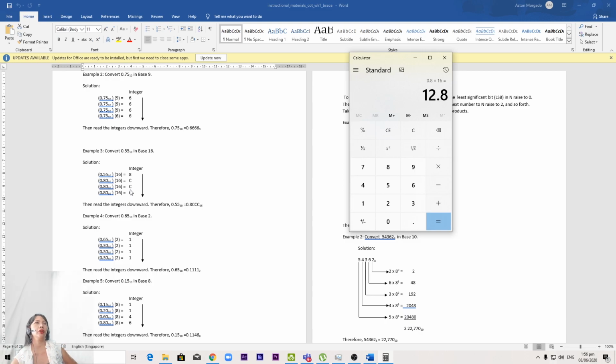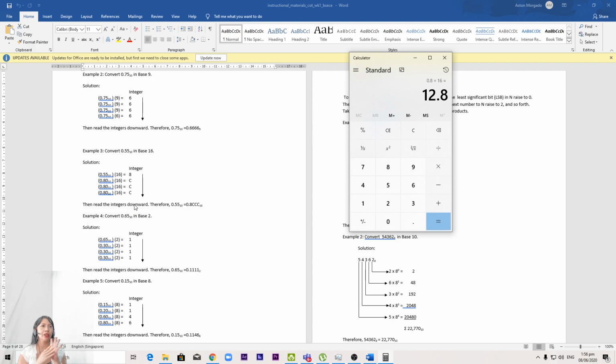Okay, so again, we take note of the fractional part, 0.8 times 16. Again, you'll get the same answer, 12.8. But instead of writing 12, we will write C, C for 12. We could have infinite C here, but I will only require up to the first four decimal numbers for simplicity.